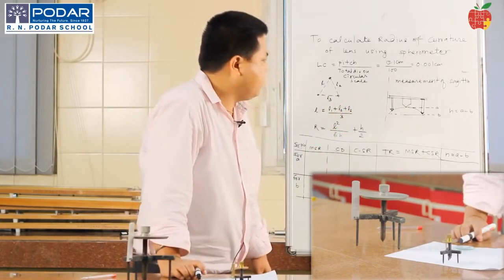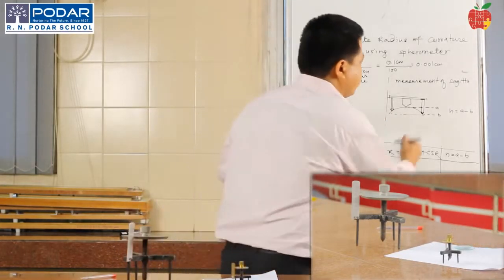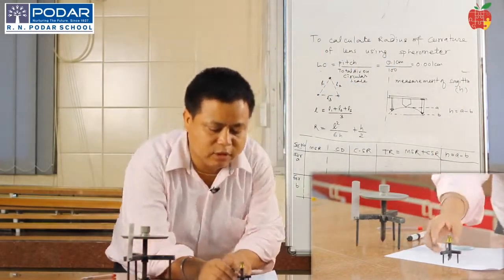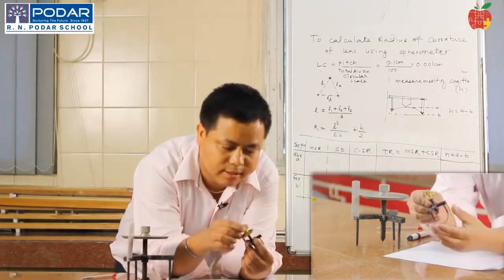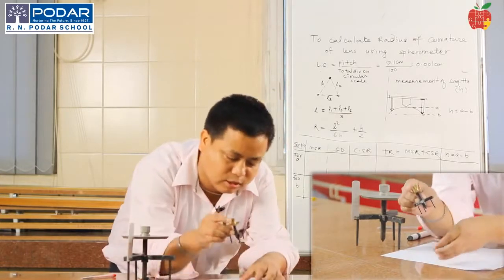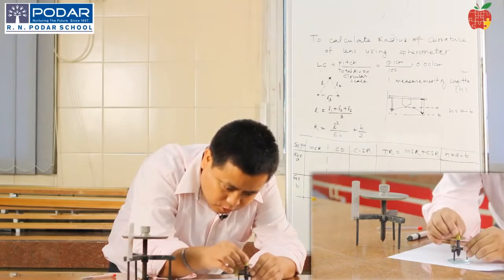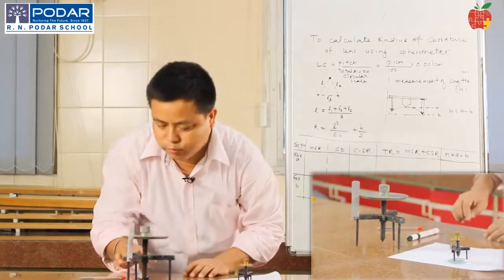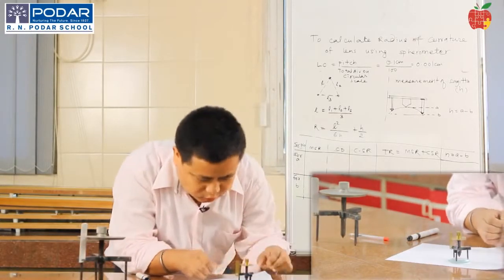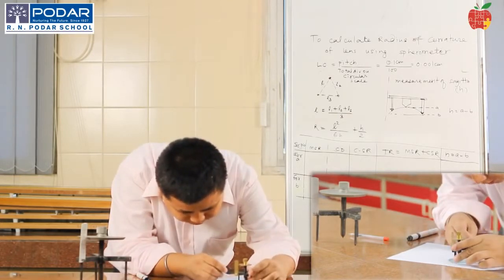Now the next is, we'll try to calculate a term called h, that is the sagitta. To calculate the sagitta, first of all we take this lens and place the spherometer on top of this lens, and we rotate the scale till the center leg touches the lens over here.